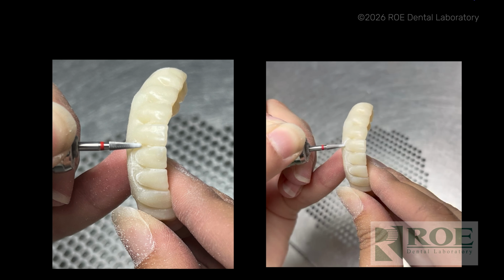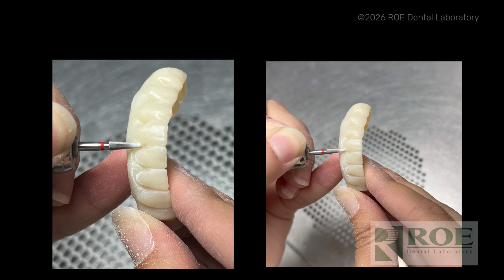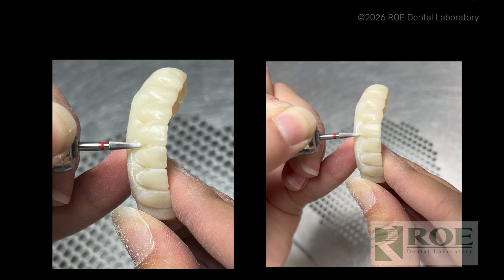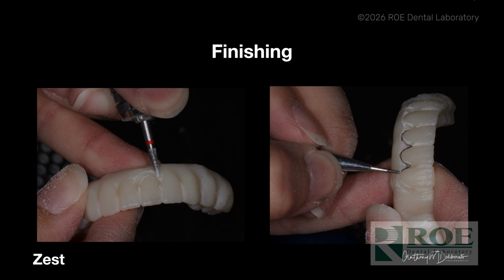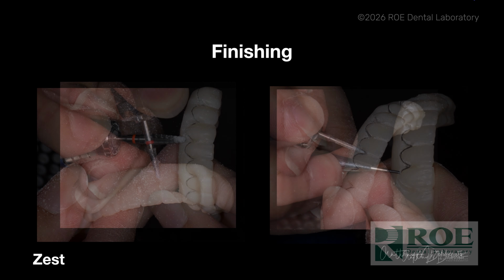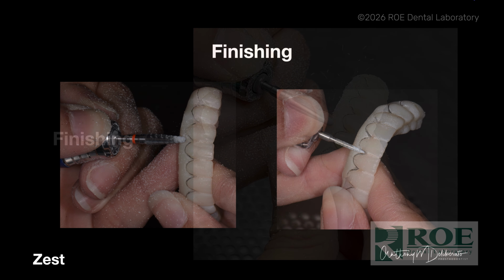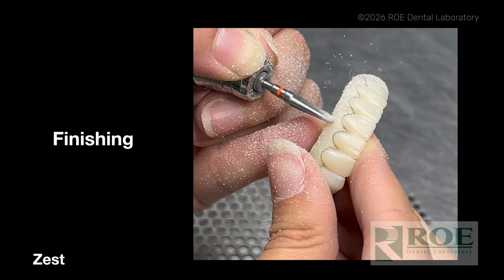Now we're going to do a little further refining to make the cervical areas nice and clean. And then just outline the cervical areas so we know where the pink and the white are going to end. Do a little further refining.